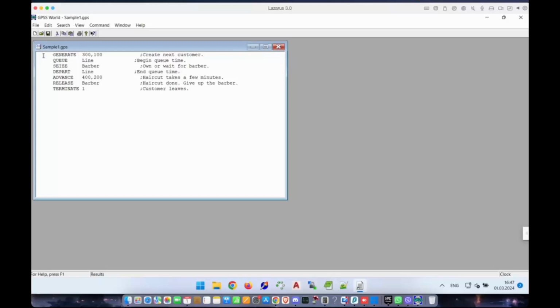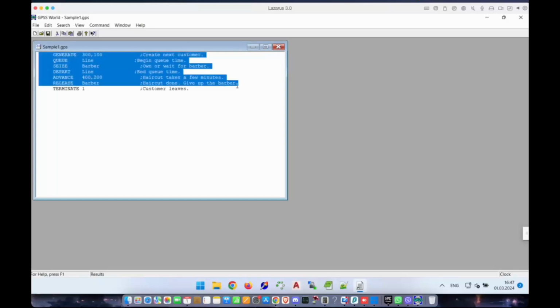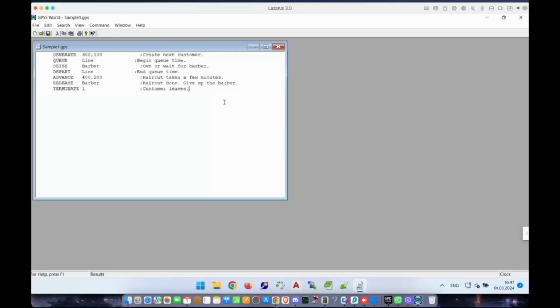Here the story is very simple. Let me first describe the essence of this task, and then we will go into details about what each command means. So we have the barber shop, and a new customer arrives between 200 and 400 time units after the previous customer.